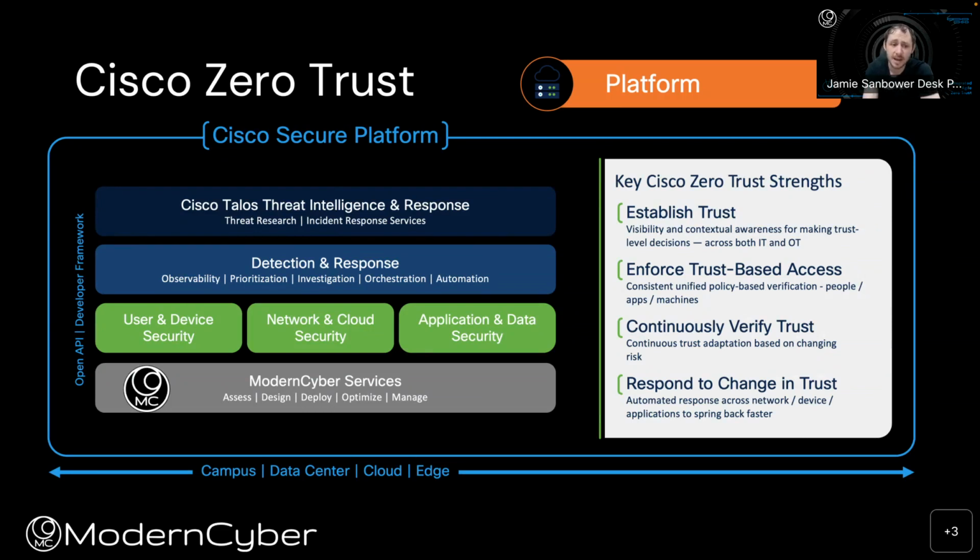And that could be establishing trust of users and devices, the network and cloud, applications or data. And then from there, it's really about understanding, well, do I trust this user? Is their authentication something that's secure? Is their device secure? Is it a managed machine? Does it meet my minimum level of trust in order to access an application or resource?